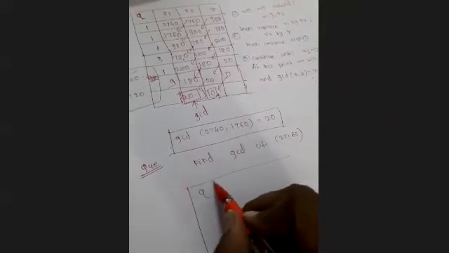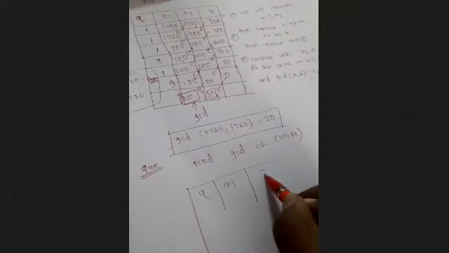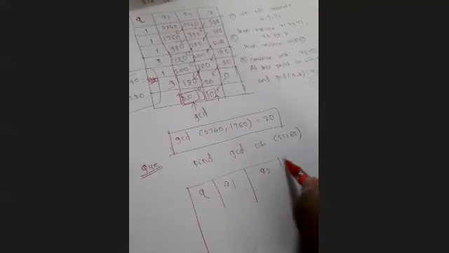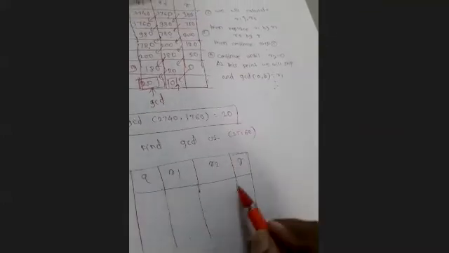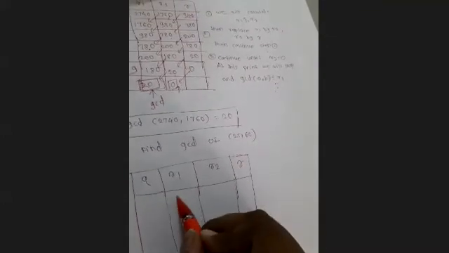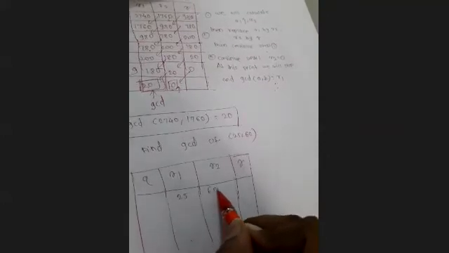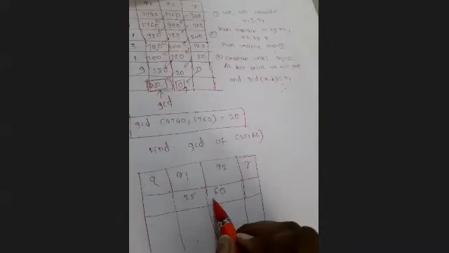Quotient, R1, R2, and then R. Your R1 will be 25, R2 will be 60. So 25 and 60.